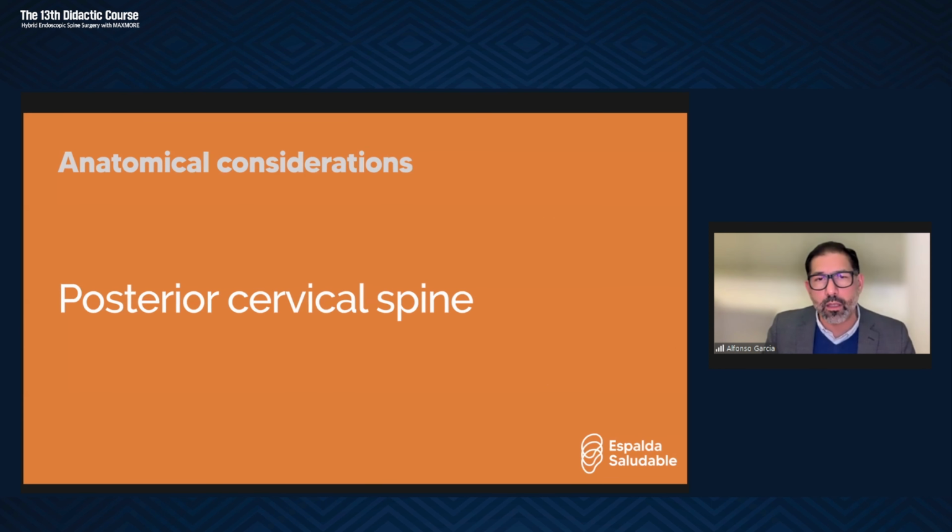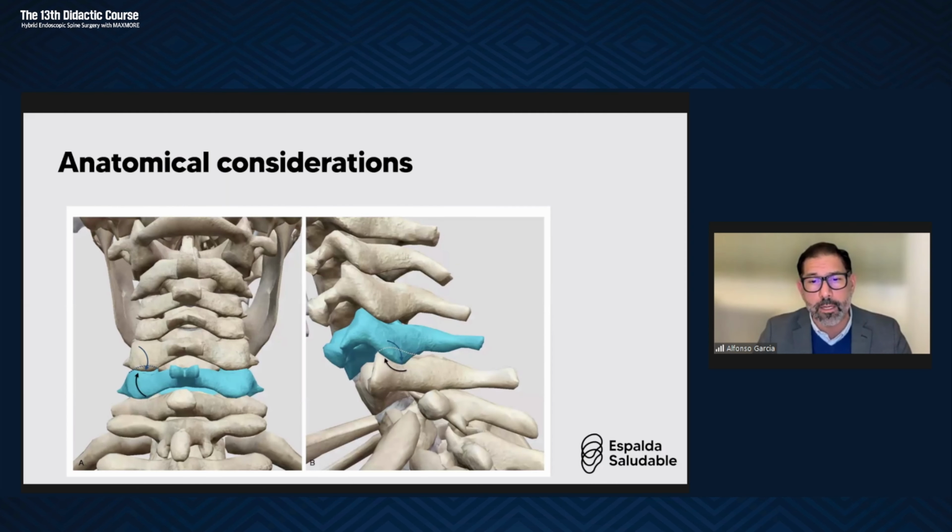So some anatomic considerations for the posterior cervical spine is that the lamina actually continue to the facet joints, and the facet joints are laying one on top of the other, as you see in the drawing right there. So in order to get to the foramen, as we saw earlier, there are many ways of getting into the foramen, but the objective is to conserve as much bone as possible.